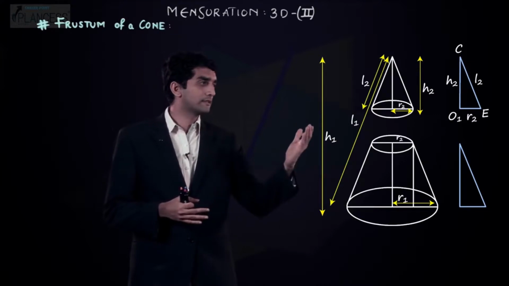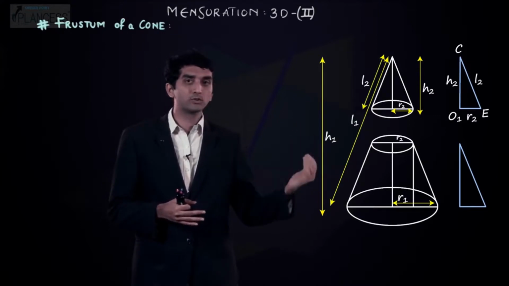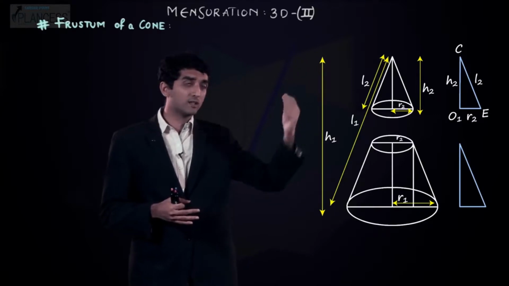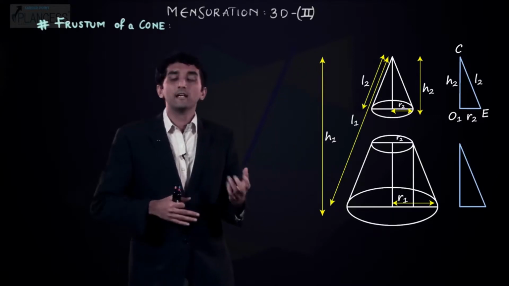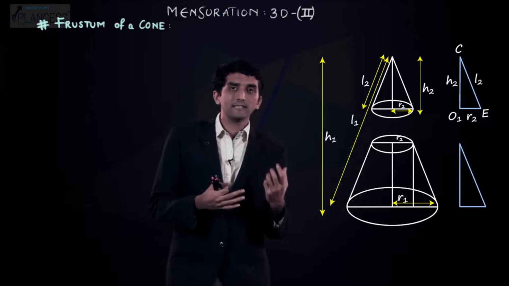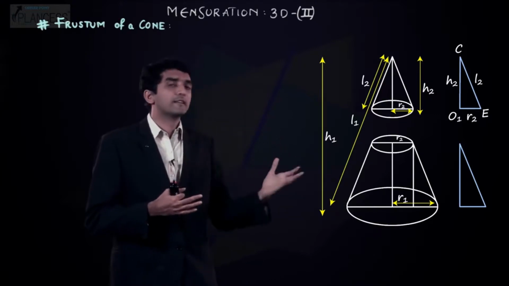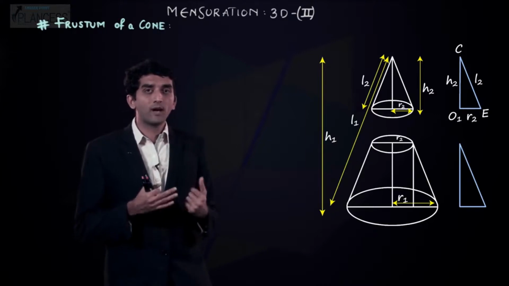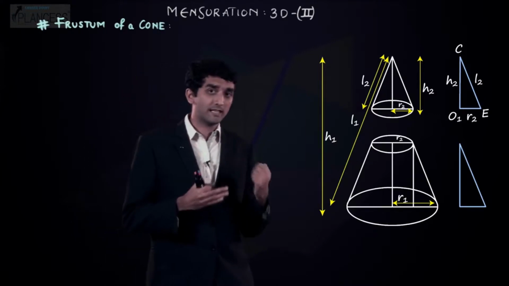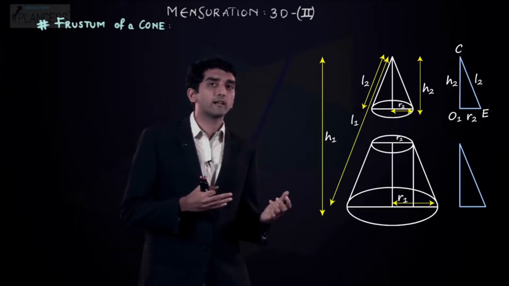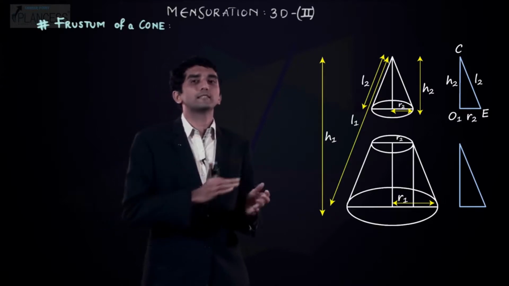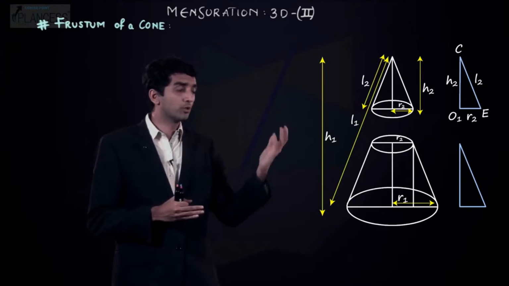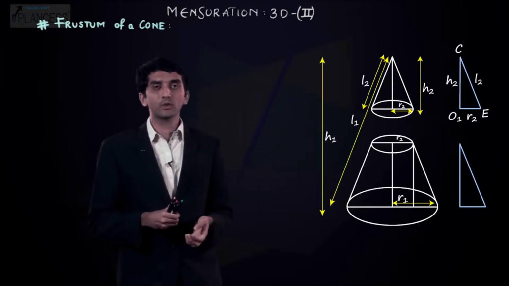Why? Because you can see there are two right angles, so these two angles are equal, plus that original angle at the apex, at the vertex, is common to each other. Now if two corresponding angles are equal, then the third angle has to be naturally equal, because if one angle is A, second angle is B, the third angle has to be 180 minus (A plus B). So that is the case in both the triangles. So both these triangles are absolutely similar to each other.